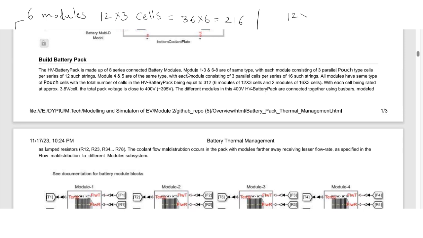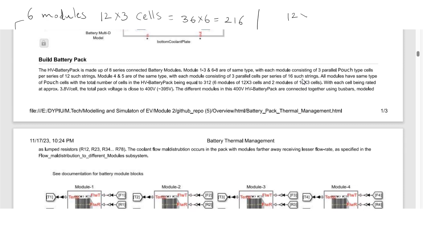So 12 strings are connected in series, and 3 parallel type cells are there. Now modules 4 and 5 are of the same type, with each module consisting of 3 parallel cells per series, 16 such strings.